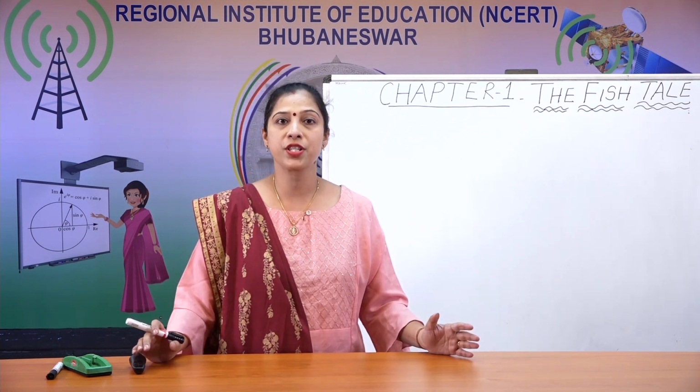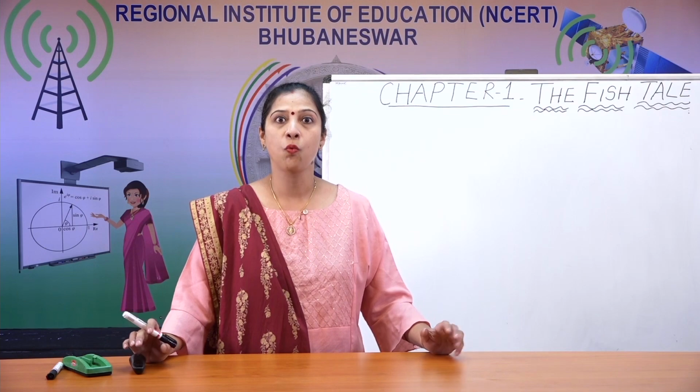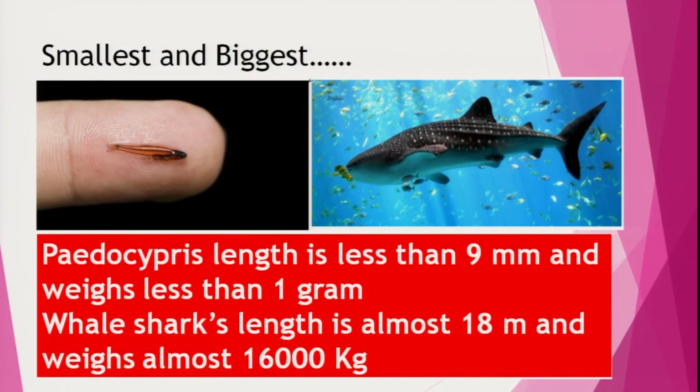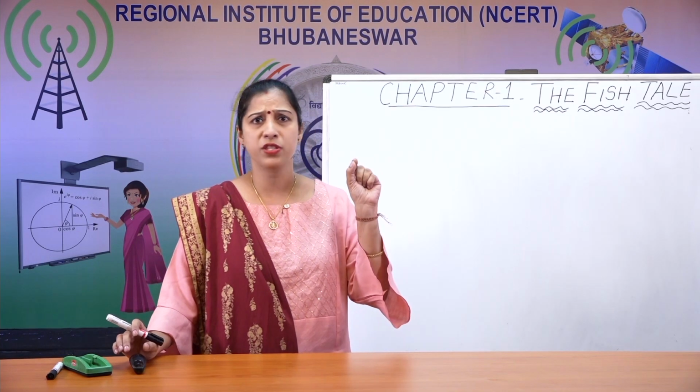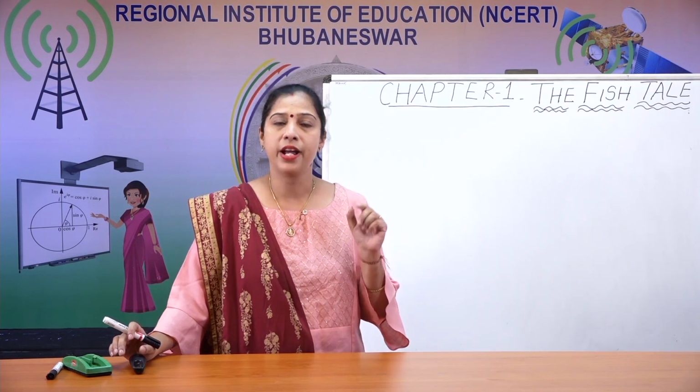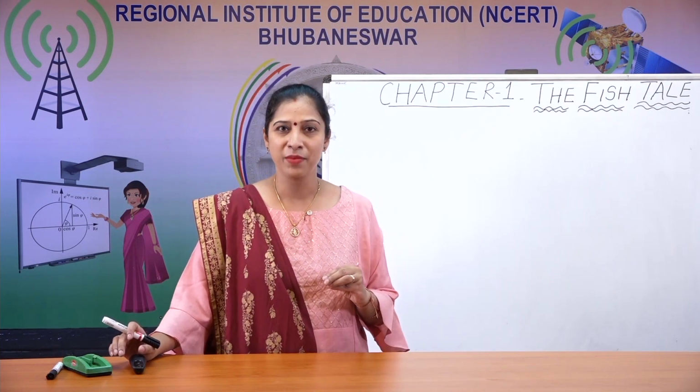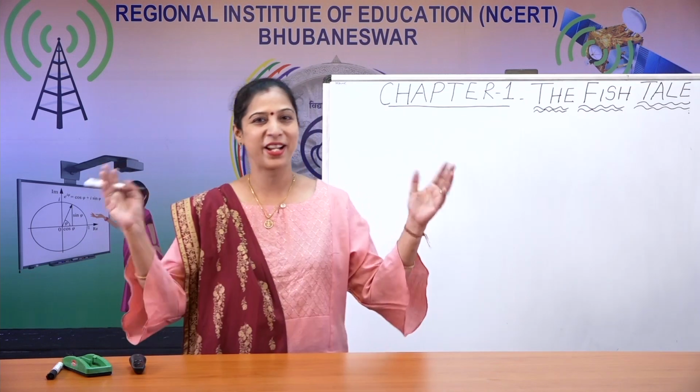And the largest or the biggest fish is the whale shark. And see, its length can go up to 18 meters and it weighs almost 16,000 kilogram. Now, the smallest fish is only 9 millimeter long and weighs less than 1 gram. So, don't you think nature is fantastic?